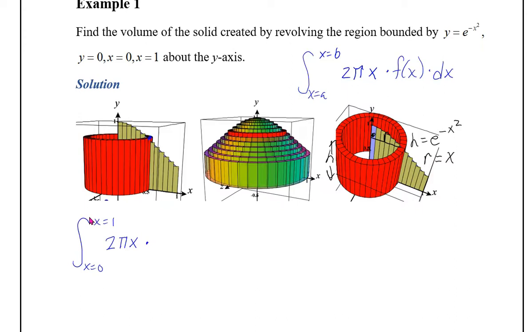The y value on the curve is the function value, which is e to the negative x squared. Once we have 2 pi x times e to the negative x squared, we need to multiply by the differential, which is dx. Go ahead and pause the video here, compute the calculus, and turn the video back on to compare your result to mine.